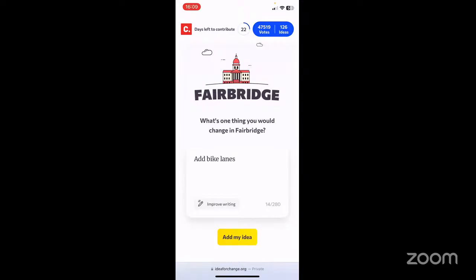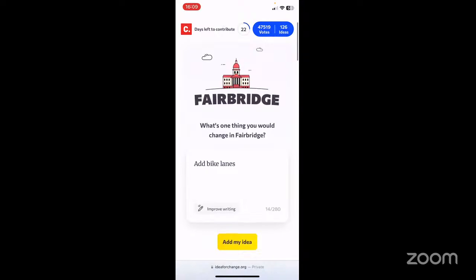And then I would also expect some sort of, okay, what now? What happens with the voting? Are we just voting and then does it go to someone, or does it get discussed, or is the city picking a few and then wanting to act on them?